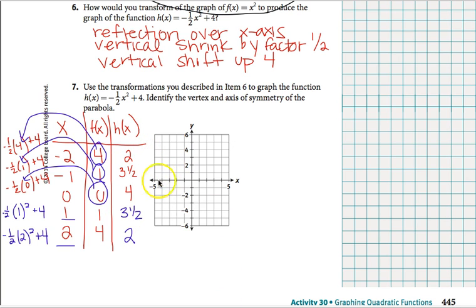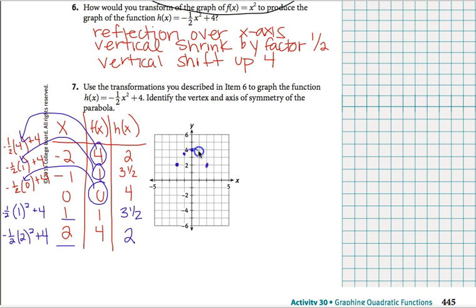So these are my y values, these are my x values, so then I'm going to plot it. So negative 2, 2, negative 1, 3.5, 0, 4, 1, 3.5, and then 2, 2.